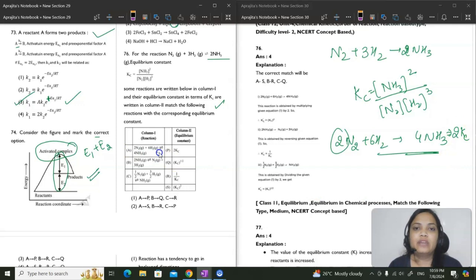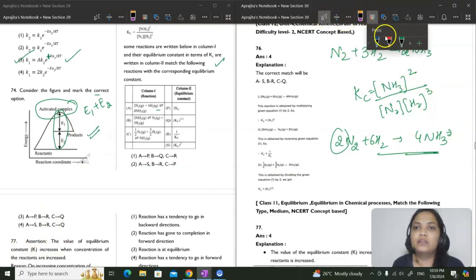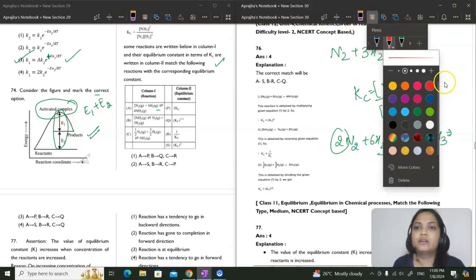So for A, see, not 2 Kc, but what will happen? Let me show you by putting the values. The powers will get multiplied, no?